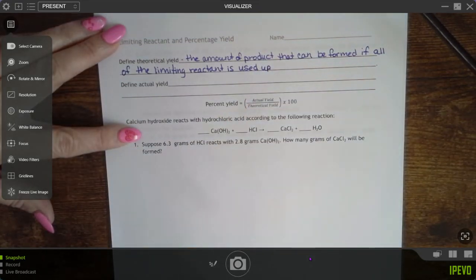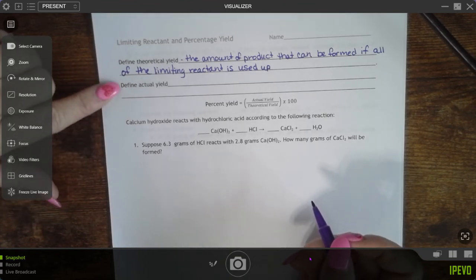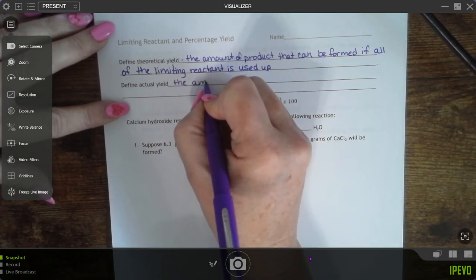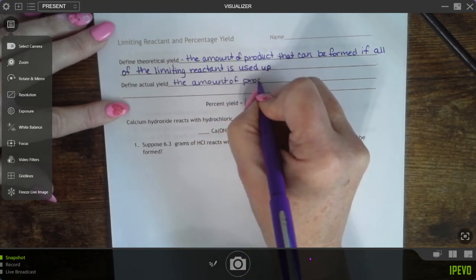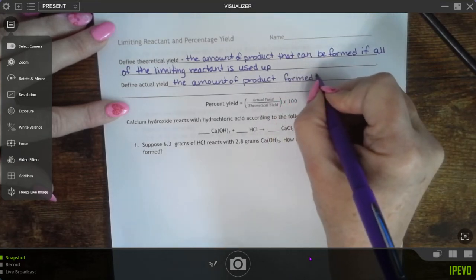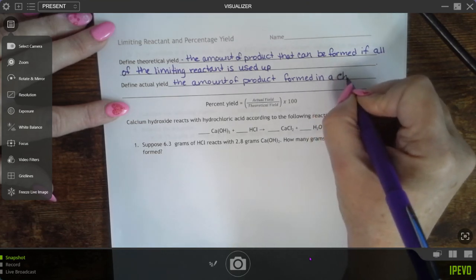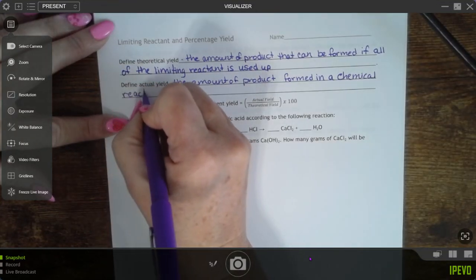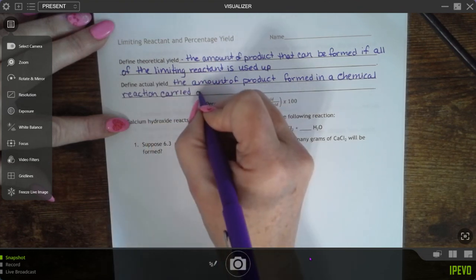And then we have a term called the actual yield. The actual yield is the amount of product formed in a chemical reaction carried out in the lab.